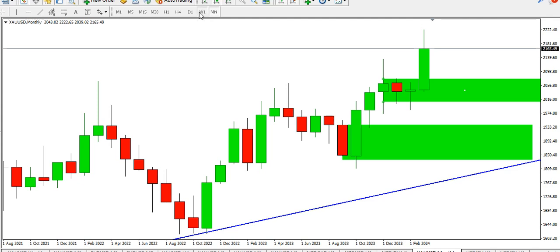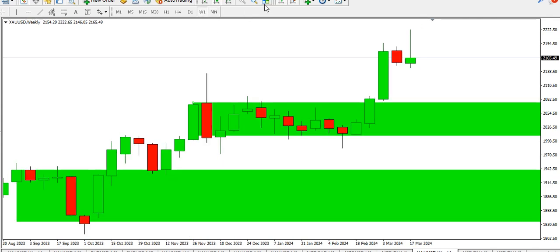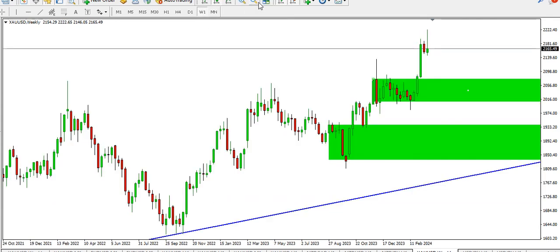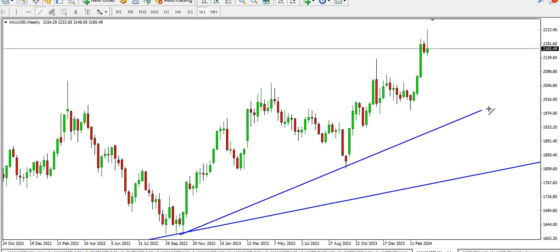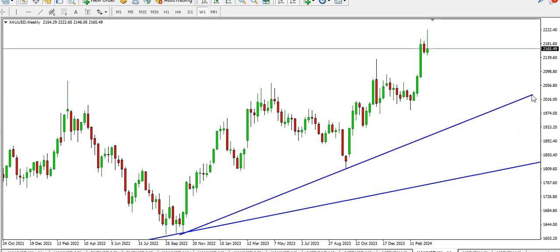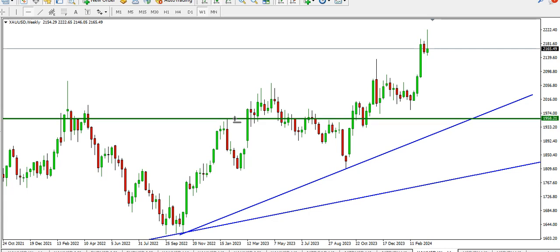Let's take a look at the weekly time frame. On the weekly time frame, the trend is currently bullish, and we can see that the buyers are really pushing price up as price continues to break structure. We had a bullish structure here, broken around here.